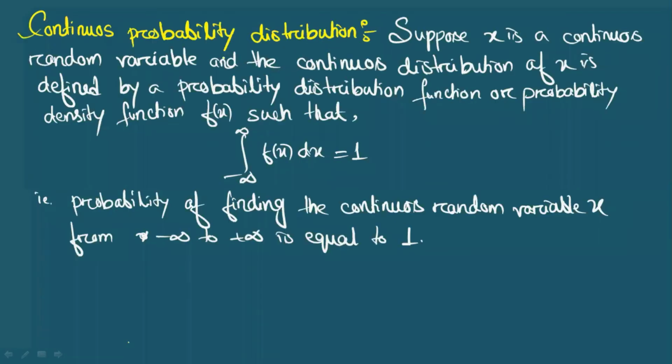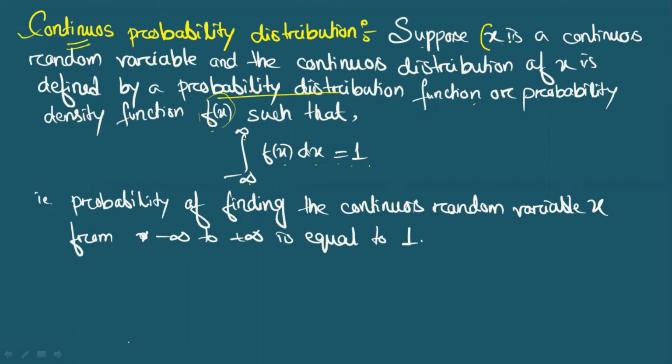Now we will see the continuous probability distribution. So here it is said, suppose x is a continuous random variable and the continuous distribution of x is defined by probability distribution function or probability density function f(x), such that the integration from minus infinity to plus infinity of f(x) dx is equal to 1. So here we are talking about continuous probability distribution firstly.